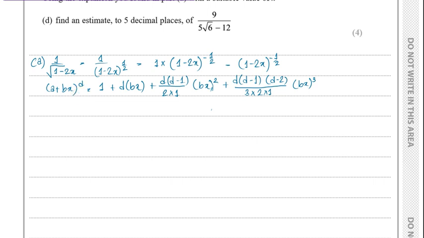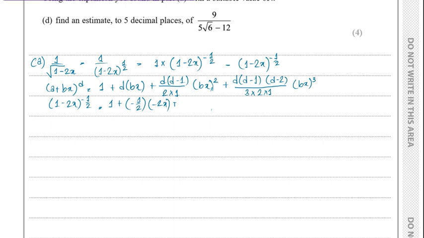For the given expression, 1 minus 2x to the power minus half, at first I will write 1, and d is minus half, b is minus 2x.